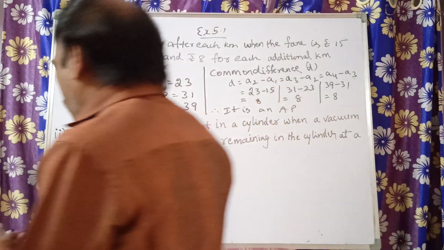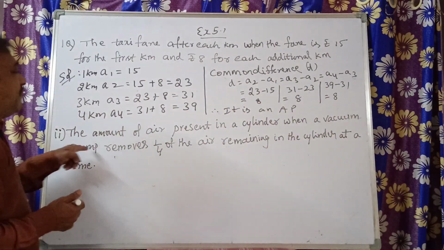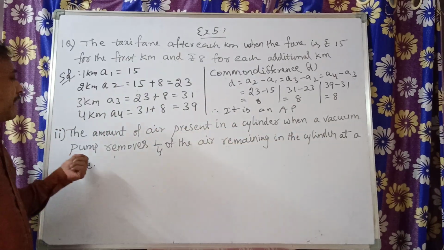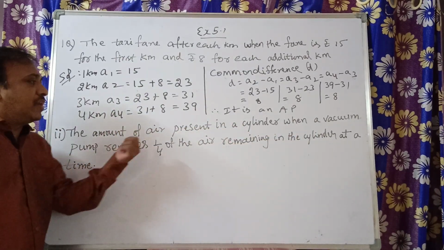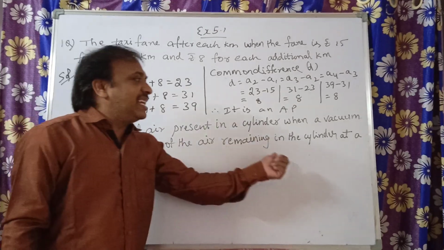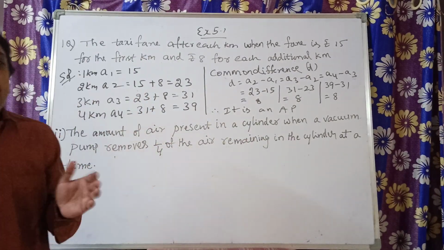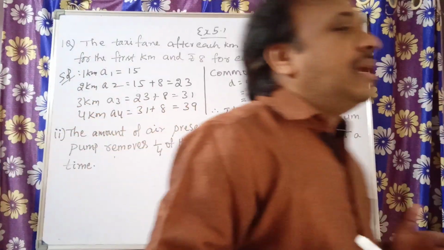Now see the second question. Here I wrote the second question: the amount of air present in a cylinder when a vacuum pump removes 1/4 of the air remaining in the cylinder at a time. So there is some volume of air in the cylinder.